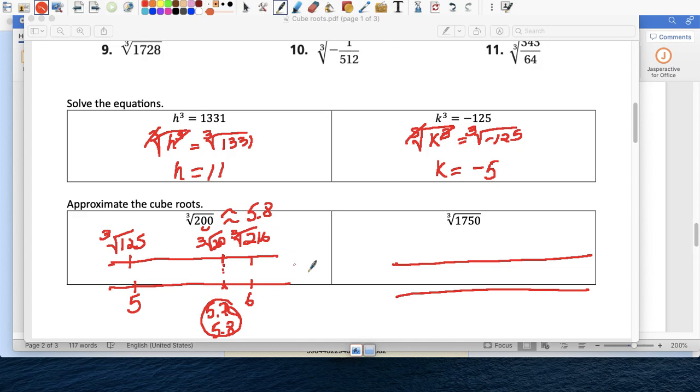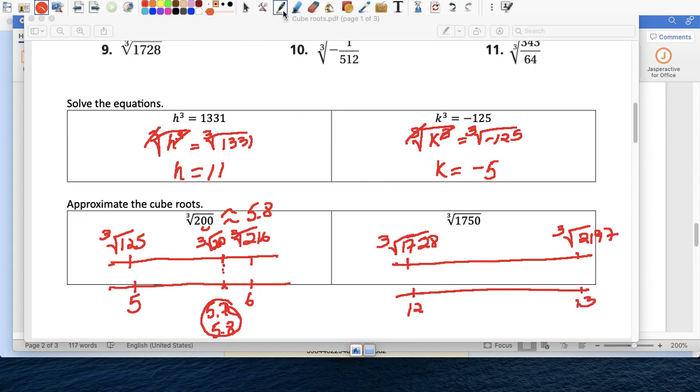So it would be between 1,728 and the next perfect cube after that, which would be 2,197. And this is just a fancy way of saying 12. So the cube root of 1,728 is 12, and the cube root of 2,197 is 13.